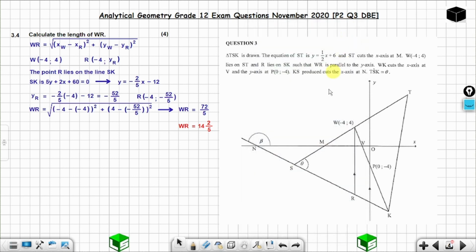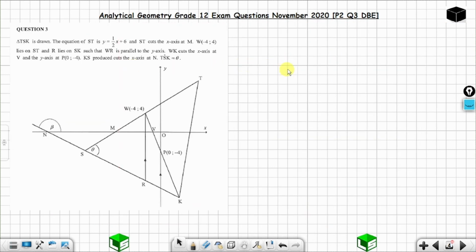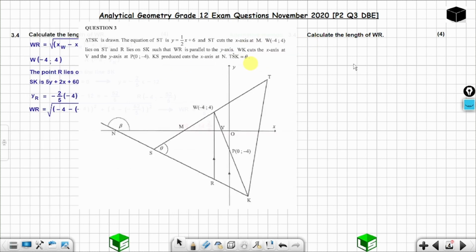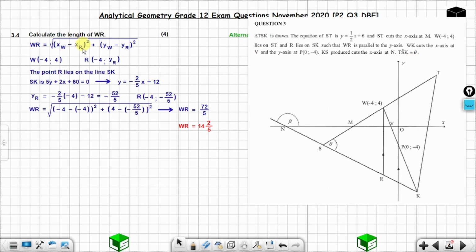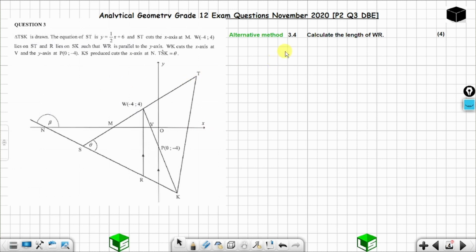Okay, so I've got an alternative method that you can use to find the answer to question 3.4. Instead of using this method, you can also calculate 3.4 using this method that I'm going to show you.